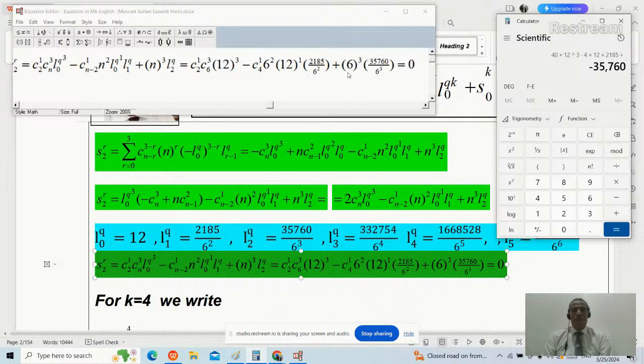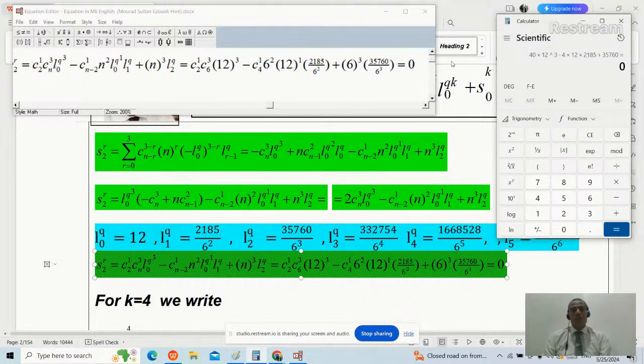This will be cancelled out. Also 6 squared and here 6 squared will be cancelled out. I'll just write the last answer, plus 335,760. This one should be equal, in fact, to 0.